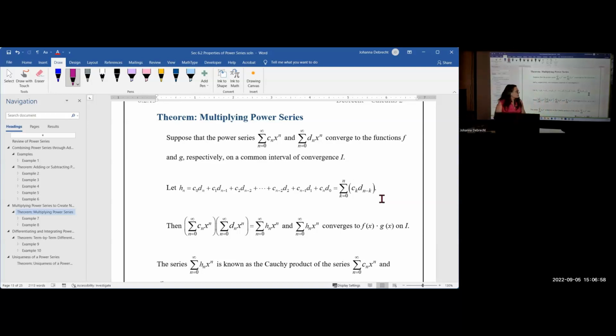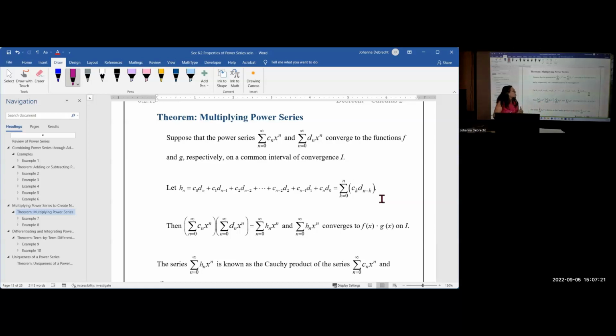So this is a representation for just the coefficients, all right? Then we can define the product of the two original power series to be the new power series where the coefficients are given by this series, h sub n, times x to the n.